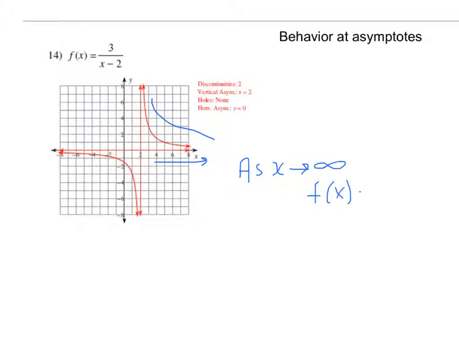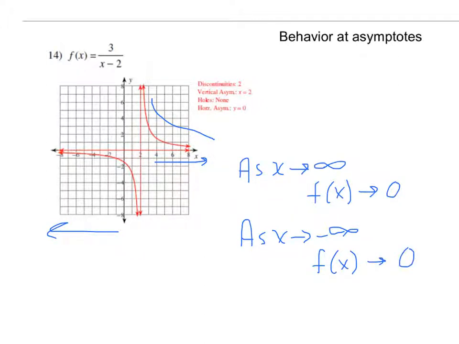F of x is getting really close to 0. And then on the other hand, as x approaches negative infinity, goes that way, then f of x is also approaching 0. So the behavior at the horizontal asymptote is at y equals 0, which kind of makes sense.